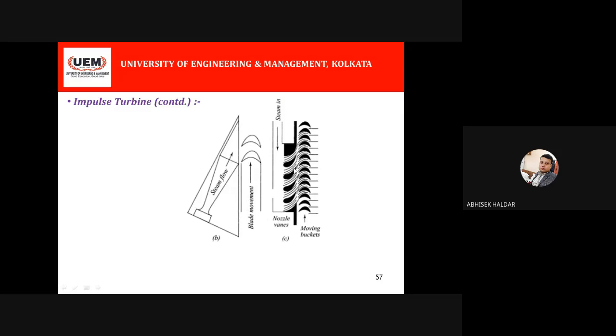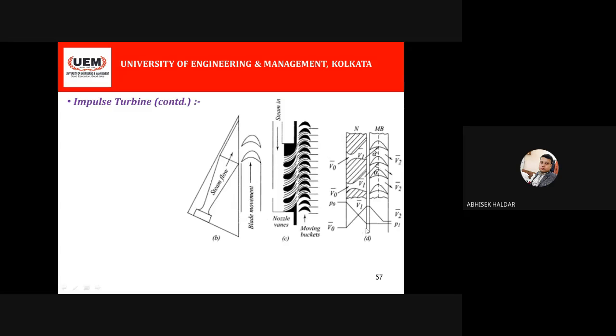This is the arrangement that you can see. In this way there may be several nozzles. These are nozzle vanes, and they are fixed, obviously not moving, so the steam is deflected, the velocity is increased, and it hits the moving blades, moving buckets, whatever you say. Now you can see the changes are also shown over here.